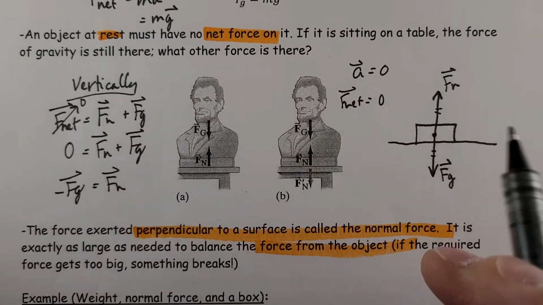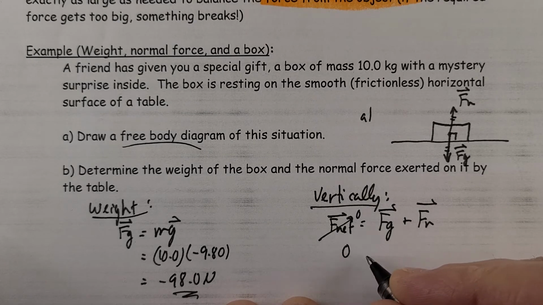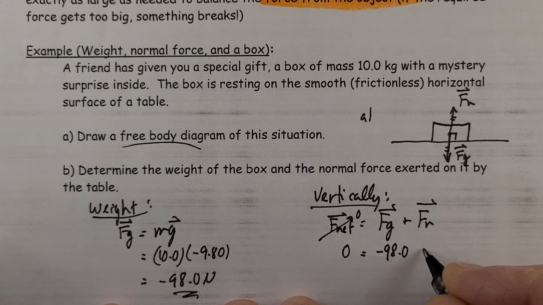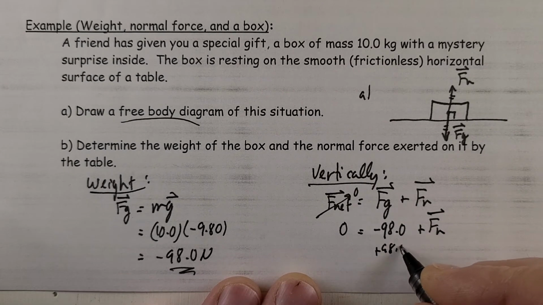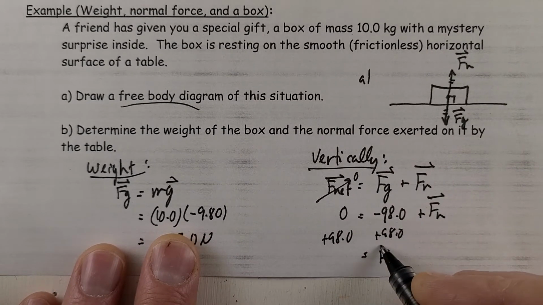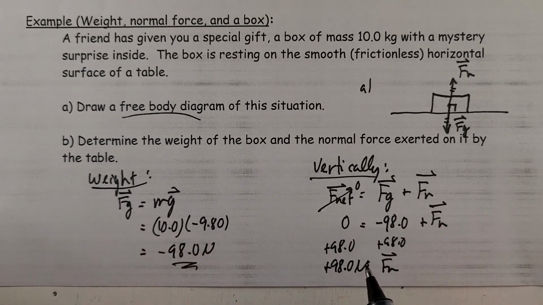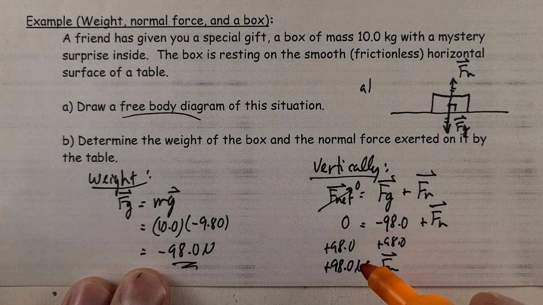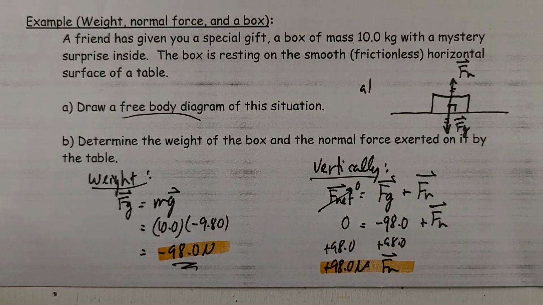So I have my Fg, which is negative 98, and I have my Fn. So to solve for Fn, yes, Fn is equal to positive 98 newtons. So again, equal and opposite to what Fg is, because it needs to support that object.